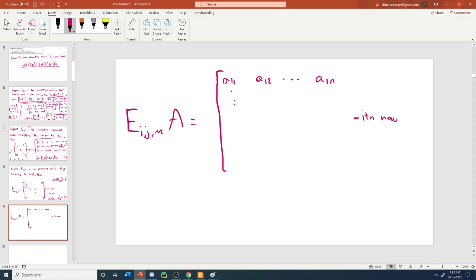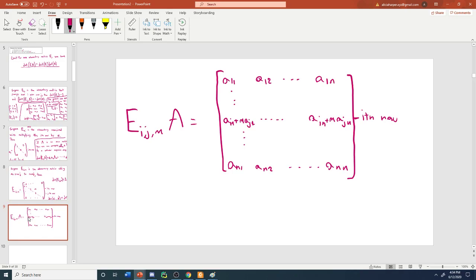And here you're going to have a_i1 plus m times a_j1, and so on, all the way until you get to a_in plus m a_jn. This is the row that was changed because you added the jth row times m to the ith row. And then you keep going down till you get to the bottom, and you have a_n1, a_n2, all the way over until you get to a_nn.